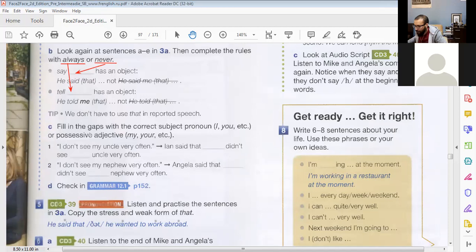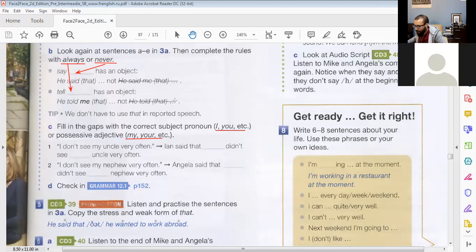Now the final part, it says here fill in the gaps with the correct subject pronoun or possessive adjective. So we have two things to use: subject pronouns and possessive adjectives. So number one, it says, I don't see my uncle very often.